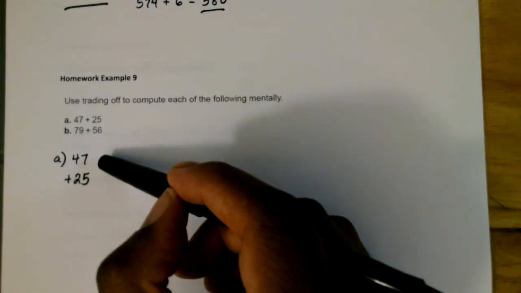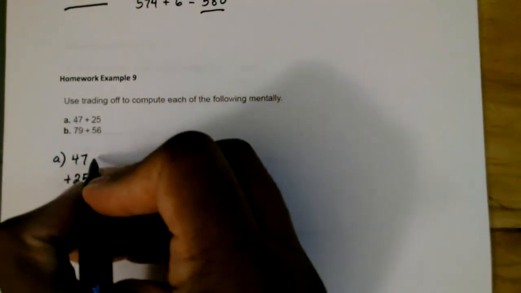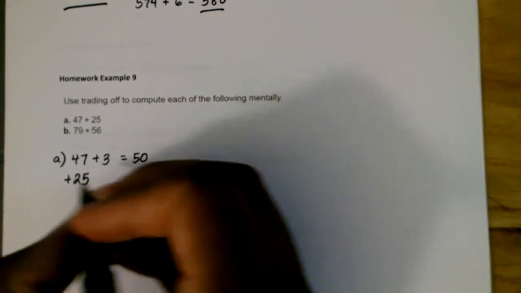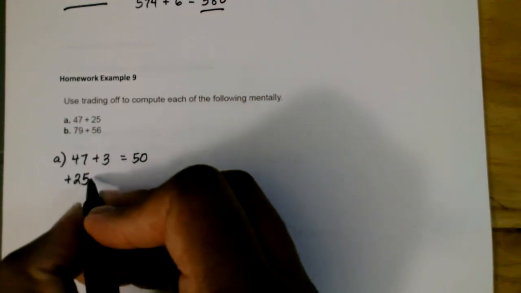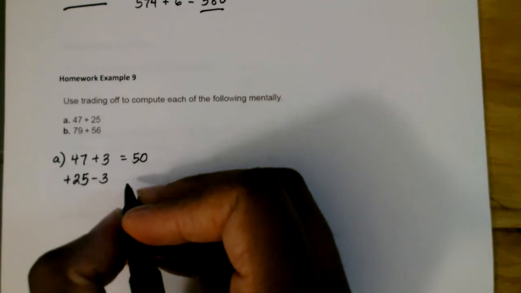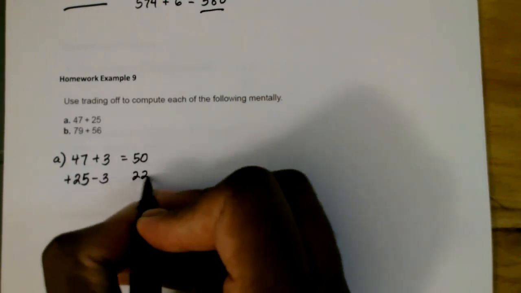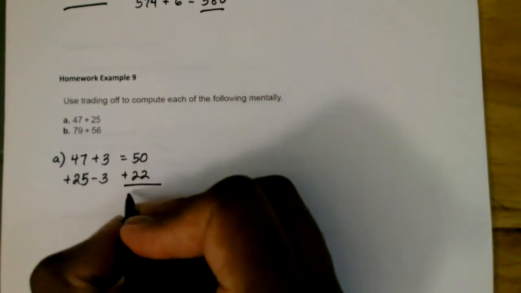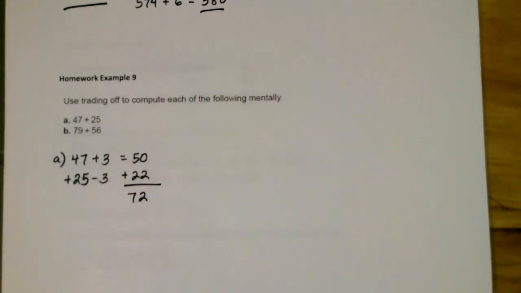Well, 50 is 3 more than 47. So if I add 3 to the 47, I'll get 50. But if I'm going to add 3, I need to compensate for that by subtracting 3 from the 25. That would give us 22. So 50 plus 22 would give us 72, which is what 47 plus 25 would be equal to, 72.